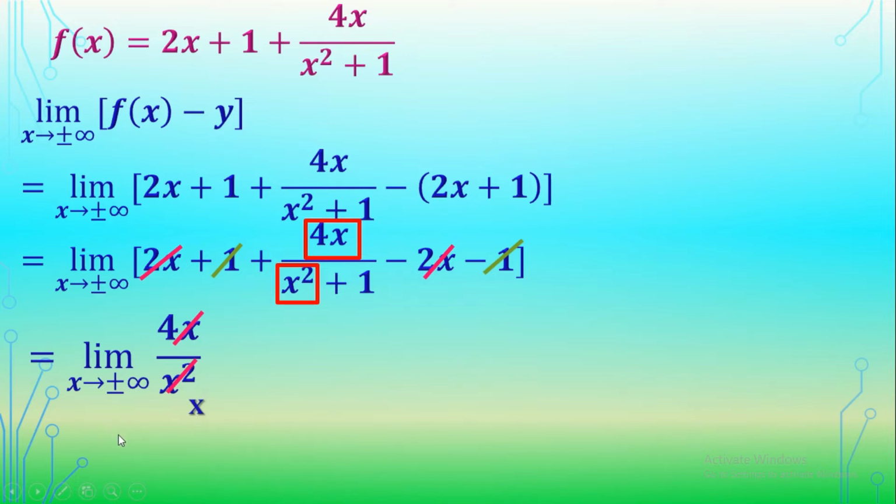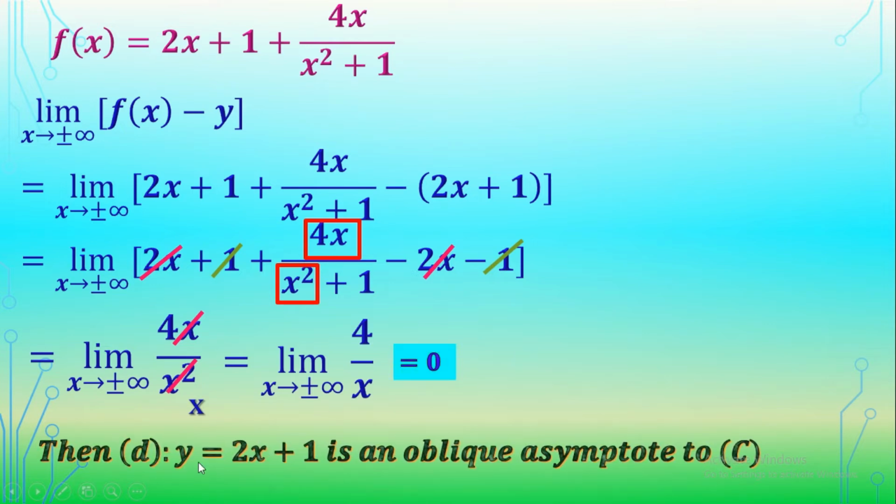Well, it's equal now to the limit of 4 over x. Note that when x tends to infinity, then 4 over x will tend to 0, even if x tends to plus or minus infinity. Well, now we have just proved that the limit as x tends to plus or minus infinity of f of x minus y is equal to 0. Therefore, we can say that the straight line D having the equation y equals 2x plus 1 is an oblique asymptote to C.